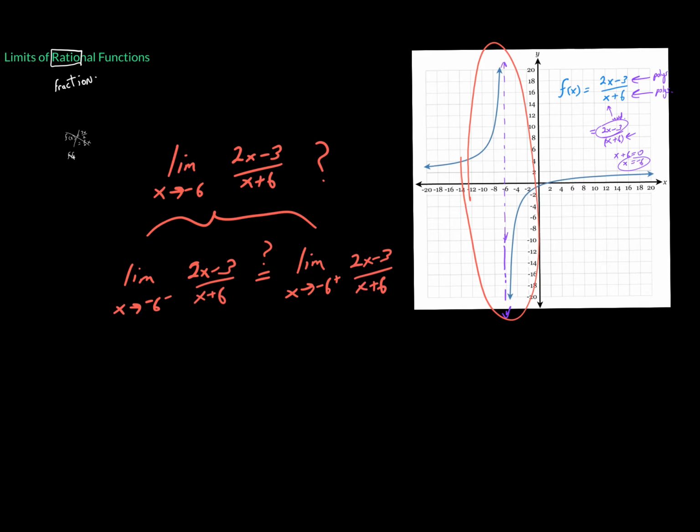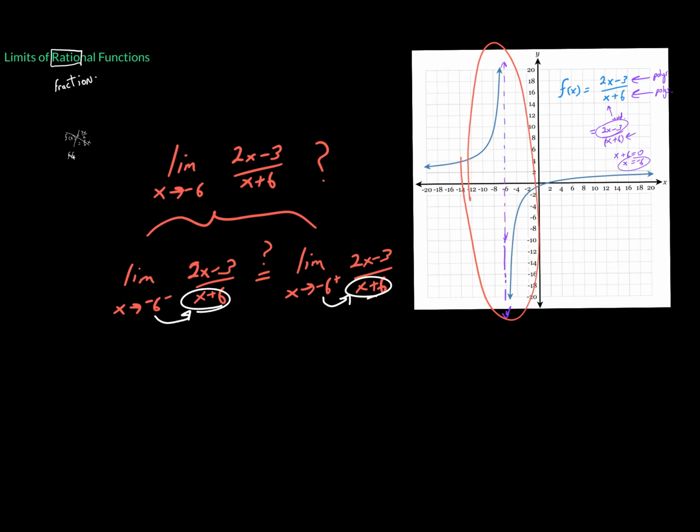I put the question mark right there because we're not sure if they equal each other. Let's evaluate. Up to this point, we've been plugging in our x values and getting answers, but notice now what happens on both sides. If you just plug in your negative 6, well, we're going to have undefined issues. Okay, so this gives us a problem.